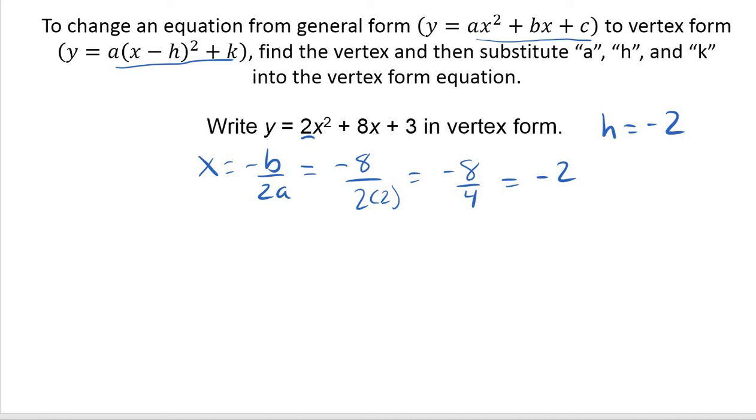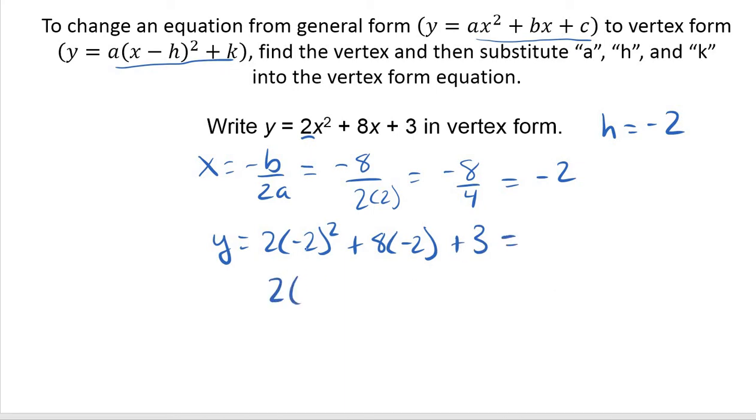Now I need to plug that in for my x so I can figure out what the y value that goes with it is, and that's going to be my k value. So let's do that. y equals 2 times negative 2 squared plus 8 times negative 2. Again, I'm just replacing my x's with that negative 2 value I just found, plus 3. Let's see what we get there.